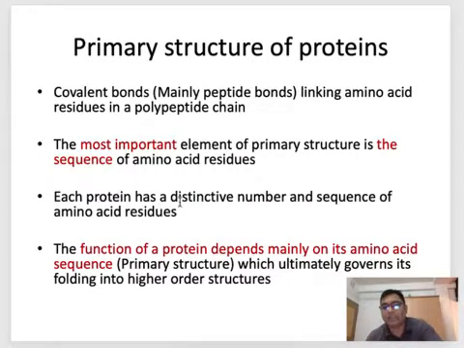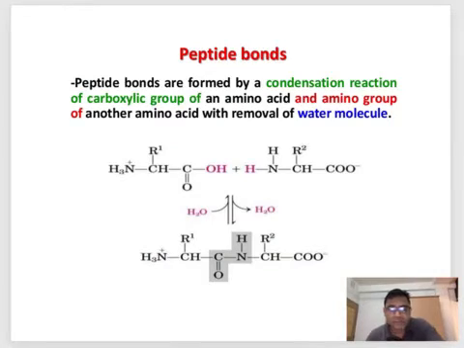Each protein has a distinctive number and sequence of amino acid residues. This slide shows the peptide bonds. You already know this; I put it here just for your recap. The peptide bond forms between the carboxyl group and the amine group of adjacent amino acids.